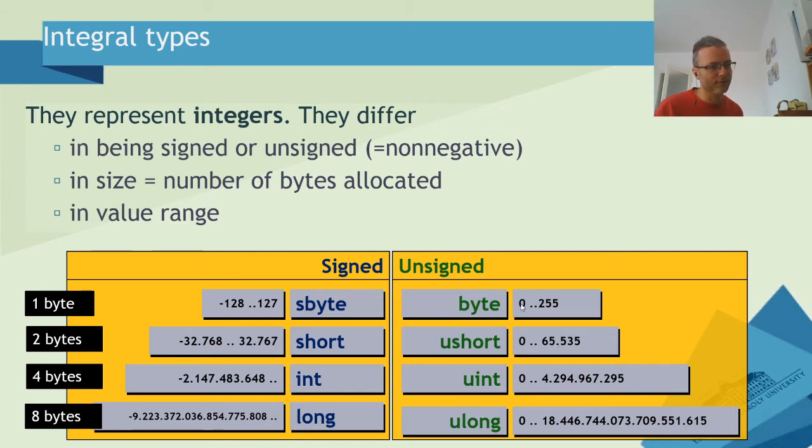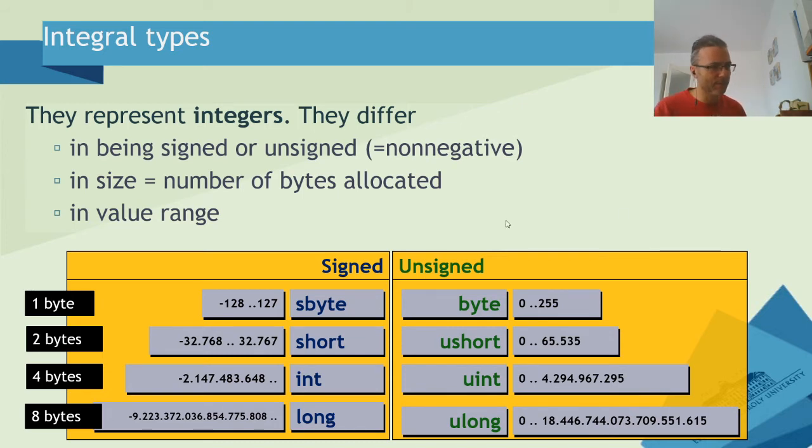The half of 256 is 128, for example. So the half of the range here, in the case of sbyte, is located in the negative range. That's it.